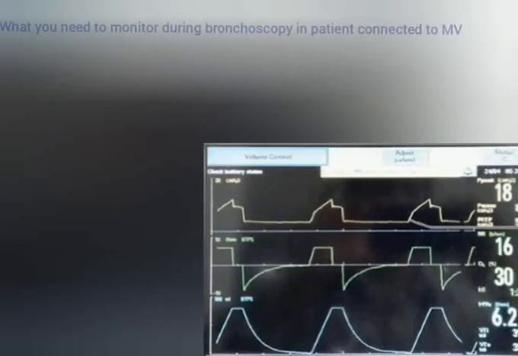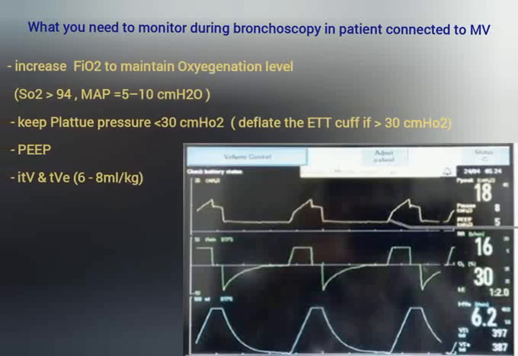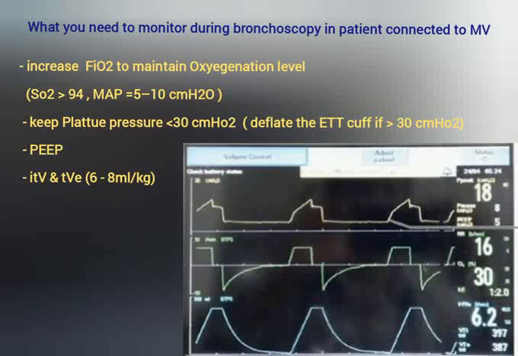What do you need to monitor during bronchoscopy of a patient connected to mechanical ventilation? First, you have to increase the FiO2 up to 100 to maintain the oxygenation level, targeting oxygen saturation more than 94, and keep the mean airway pressure within normal, that is 5 to 10 cm water.